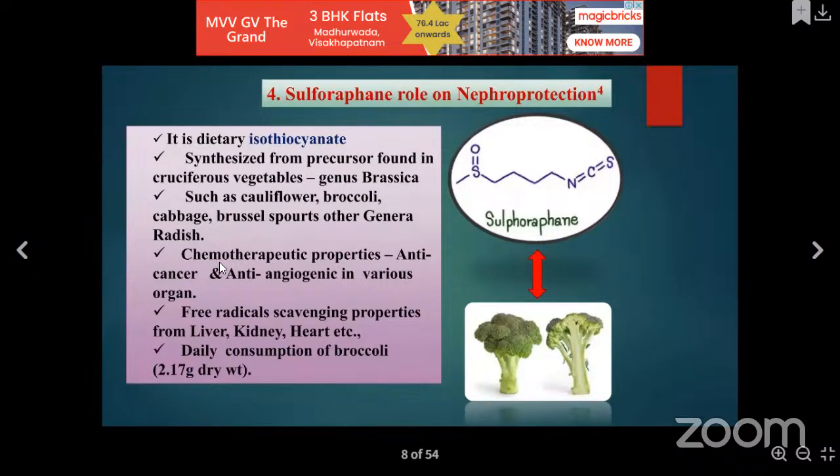Okay, so chemotherapeutic properties: they have anti-cancer, anti-angiogenic effects in various organs. Free radical scavenging properties in liver, kidney, and heart. So with daily consumption of broccoli, 1.17 grams of dry weight can be eaten to get a cure from these liver and kidney problems.